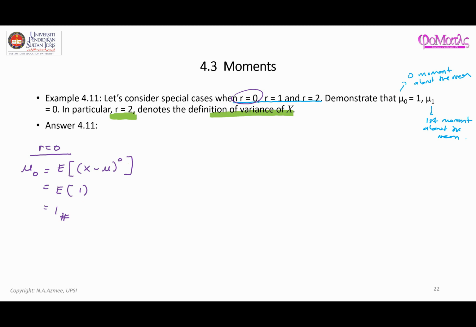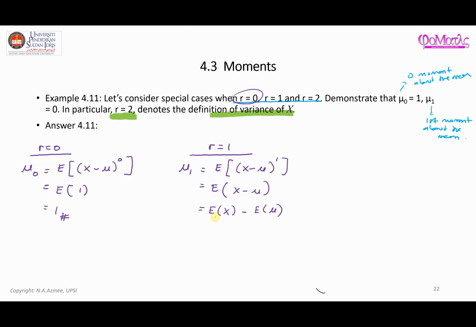Now when r is 1, what we have is mu 1 is equal to, according to what we've seen, the formula requires us to write down x minus mu to the power of 1. And that can be simplified as x minus mu. And we can separate this process. We get E of x minus E of mu.